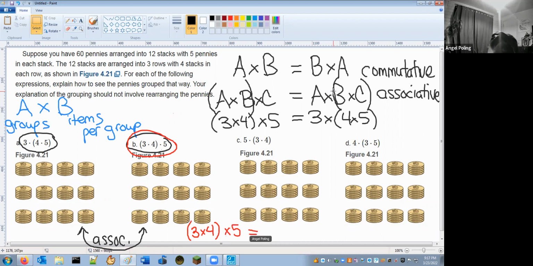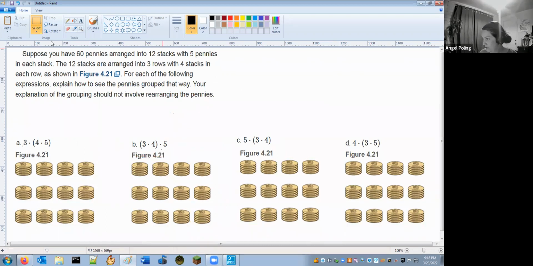And in C, we've moved the 5 to the front, and we've moved the group to the back, right? So just in terms of pure numbers, there we've used between B and C, we've used the commutative property. So we have examples here of the commutative property.